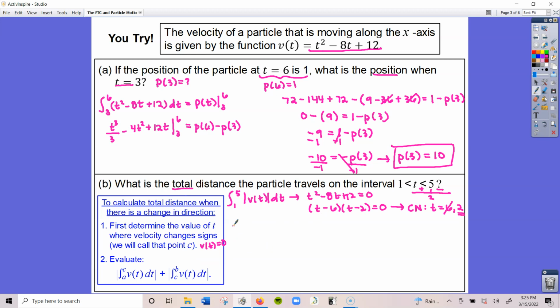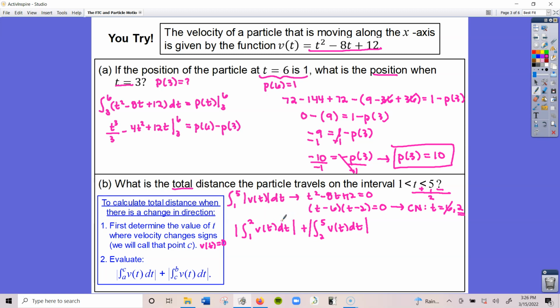So let's set that up. We're going to do the integral from 1 to 2 of v of t dt, plus the absolute value of the integral from 2 to 5 of v of t dt. Since one of these distances is going to be negative, that's why we have the absolute value there.